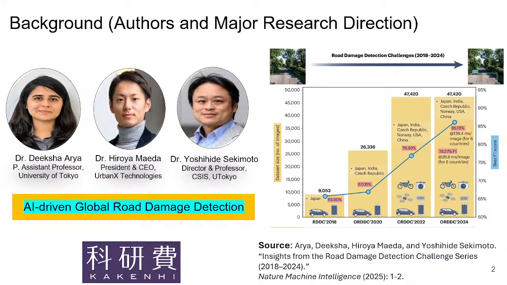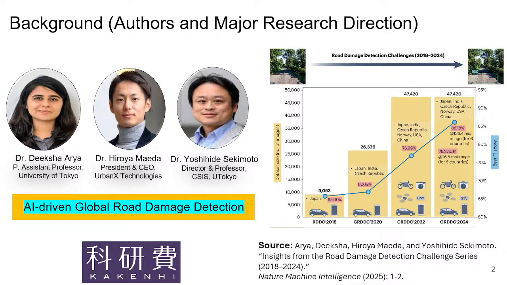These images were captured by mounting the smartphone on the dashboard of a vehicle. So this was for Japan. Then in 2020 and later years, we extended this work globally. In the recent Big Data Cup that we organized in 2024, we extended it to 6 countries.